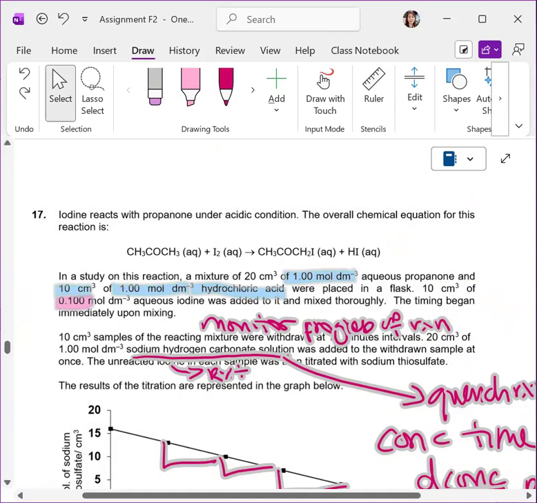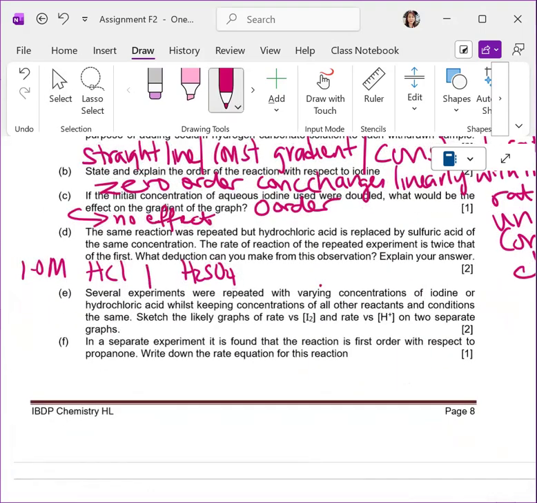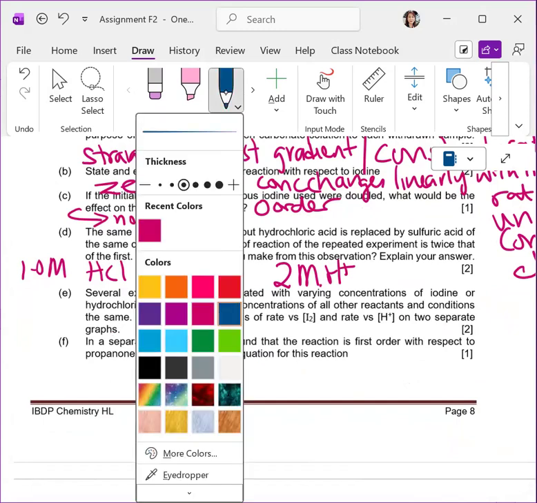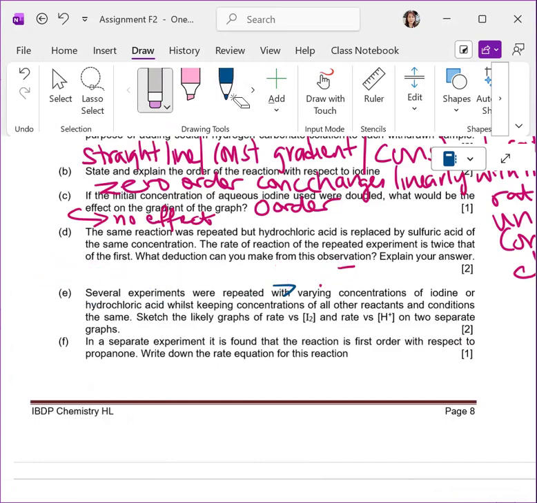But for sulfuric acid, if you have 1.0 M of sulfuric acid, you are actually having 2 M H+. So the effect of the change here is that the H+ actually doubles from 1.0 to 2.0 by changing the acid. So we are seeing the concentration of H+ double.